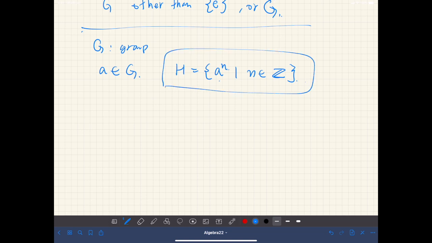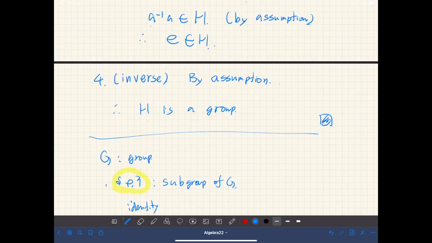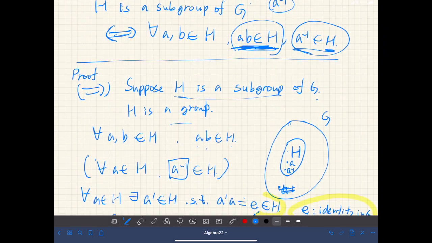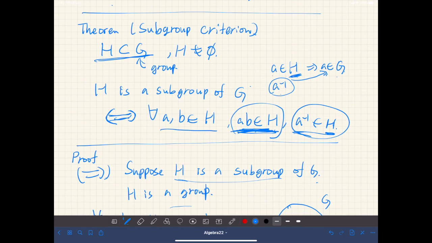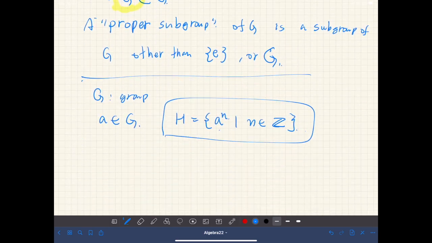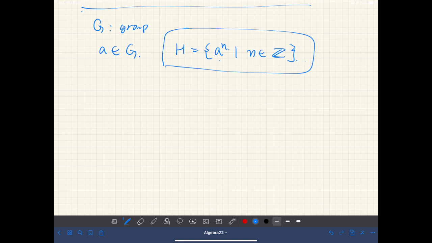To see this, we apply the subgroup criterion. That is, what is it? For all A, B in H, AB is an element of H, and A inverse is in H. So that's what we check. So A^M times A^N, where M and N are integers.